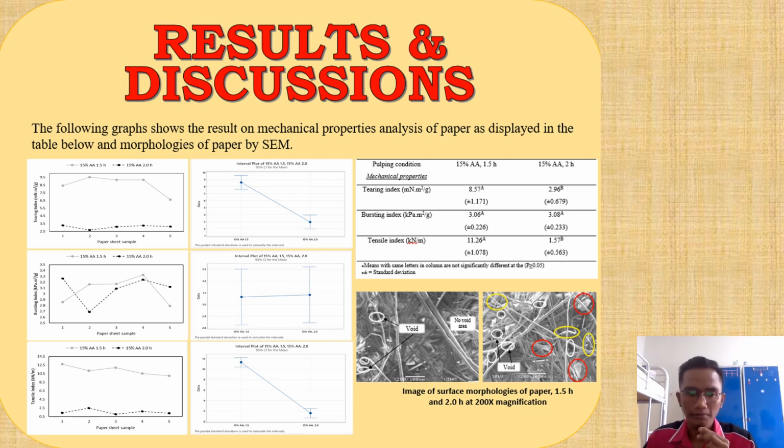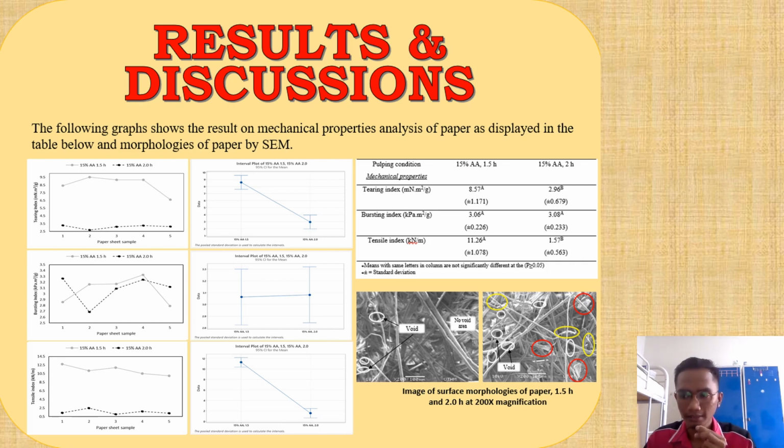Next, for bursting index, according to bursting strength, ANOVA analysis shows that there was no significant difference between the 1.5 hour and 2 hours cooking time samples, where they share the same group of means.